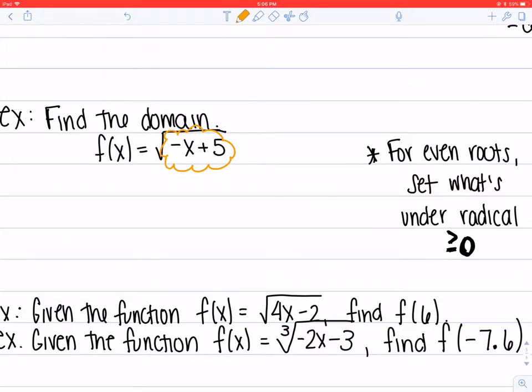So you're going to take whatever is under the square root house, in this case negative x plus 5, and say that it must be greater than or equal to 0. And again, this is just for the domain. Make sure that your radical is open to the x side, the side of the thing you just pulled out of the radical house. You solve these like you would solve a normal equation.